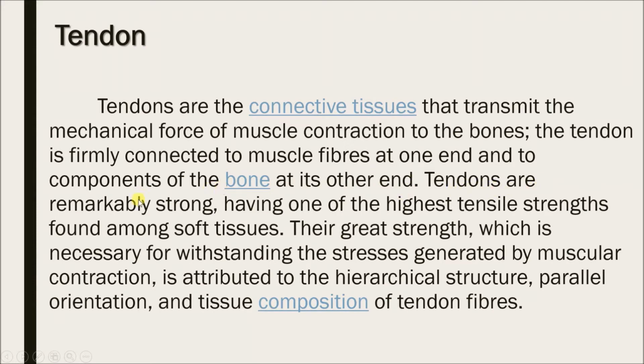Tendons are remarkably strong, having one of the highest tensile strengths found among soft tissues. Their great strength, which is necessary for withstanding the stress generated by muscular contraction, is attributed to the hierarchical structure, parallel orientation, and tissue composition of the tendon fibers.